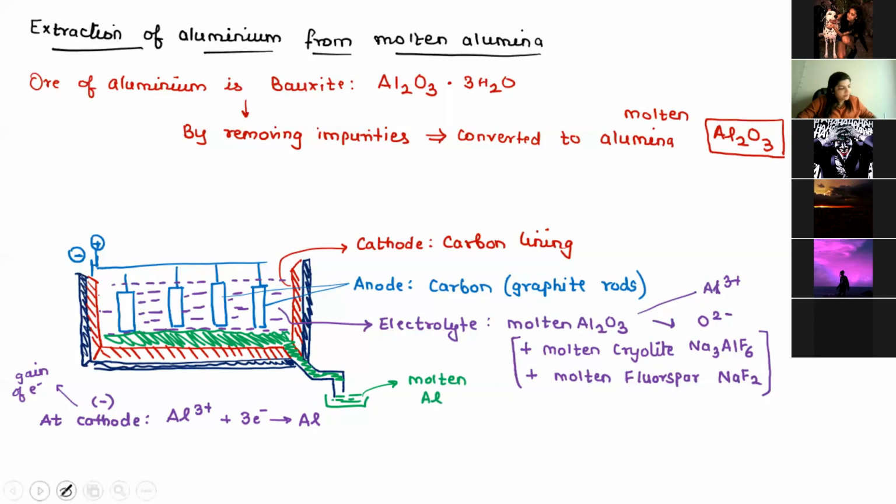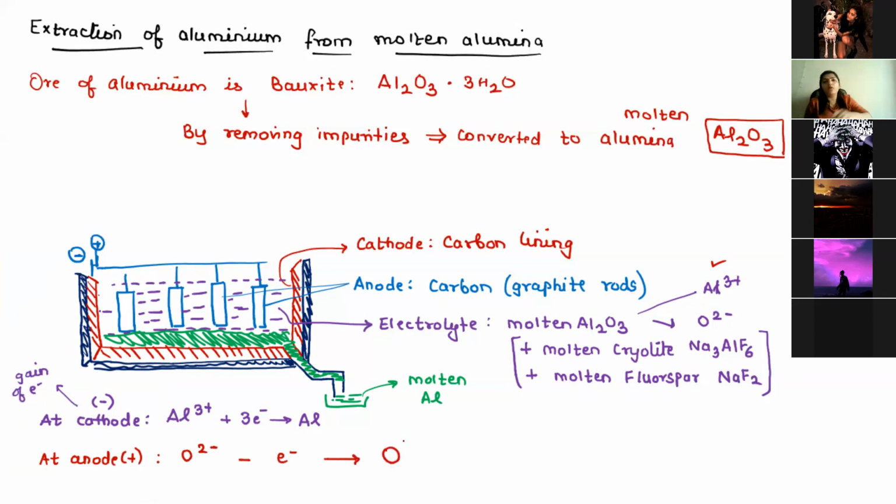What happens at the anode? Which ion will go to the anode? The anode is positive. So O2-, losing electrons, forming oxygen.